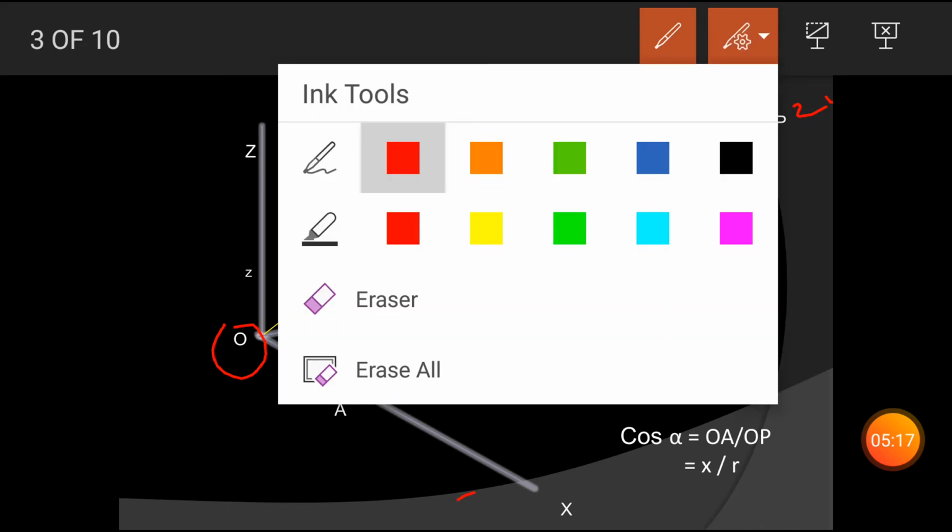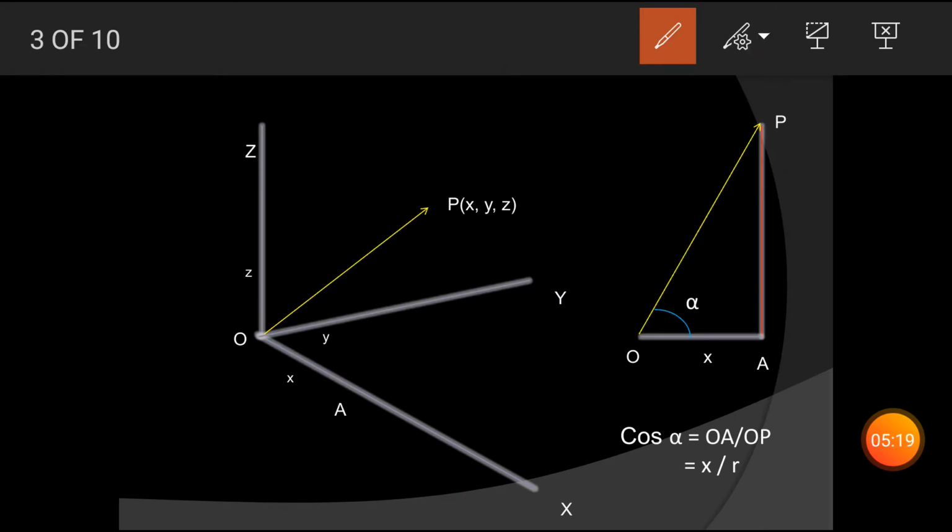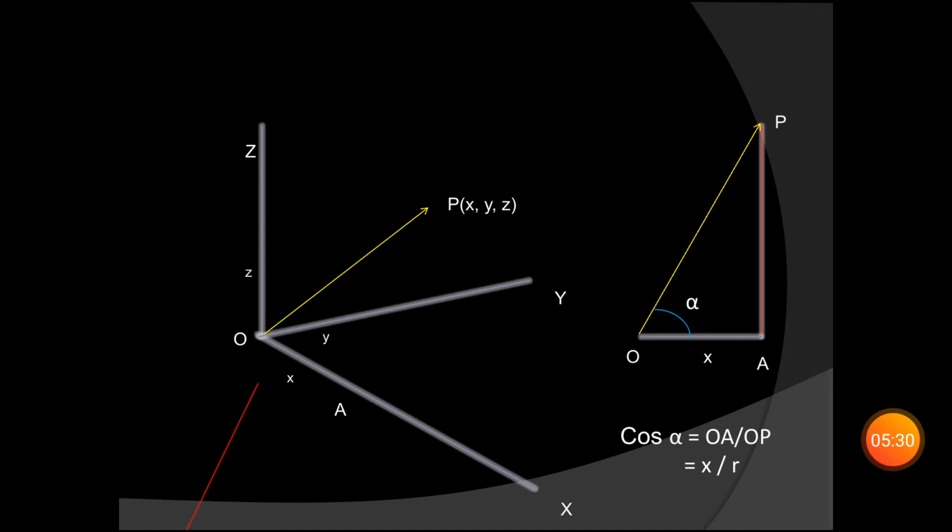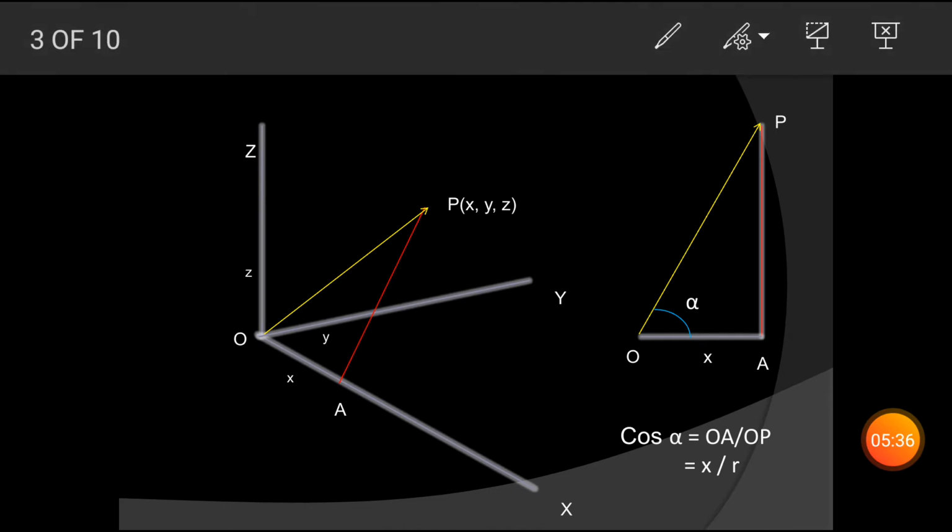So now you see that this is the position vector. If we draw the perpendicular on the x, y and z axes from this point P, then what will happen? Let's see. If you draw the perpendicular on the x-axis, it will look like this. So now you can see what will be created here.